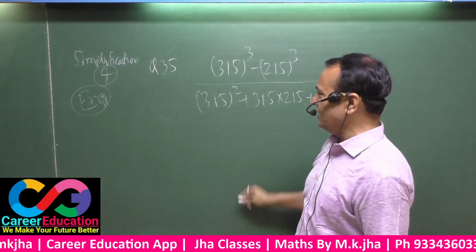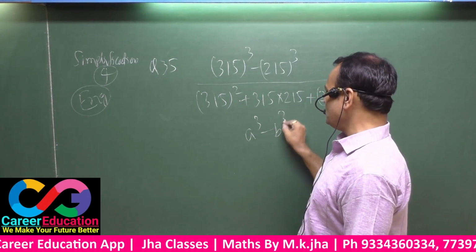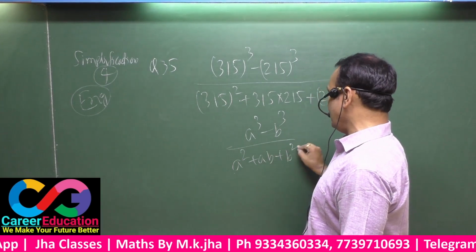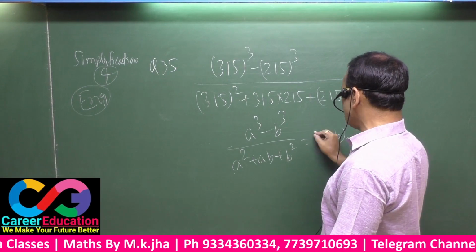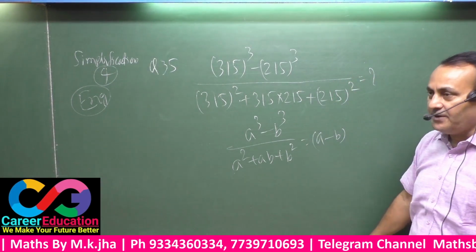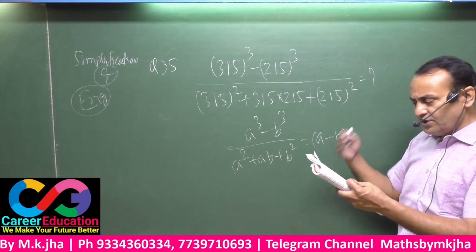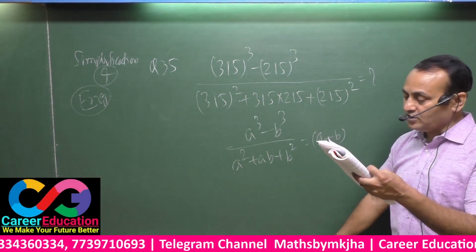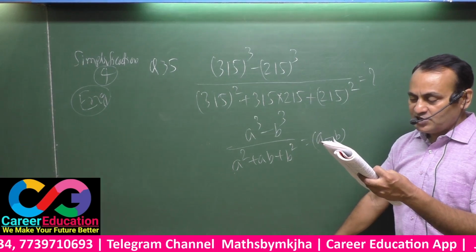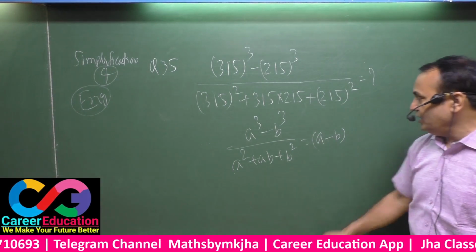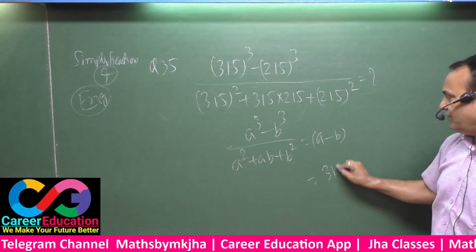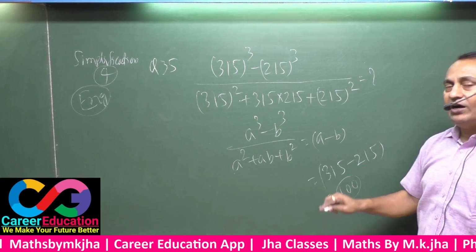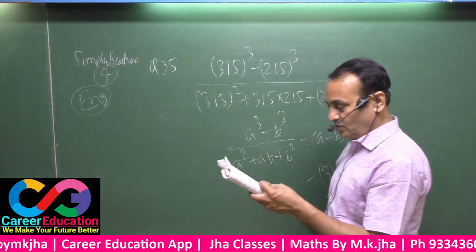This is a cube minus b cube by a square plus ab plus b square, and this equals only a minus b. This formula must be applied here, seeing the situation. That means a is 315, b is 215, and after subtraction, this is only 100. You got the answer. Note down.